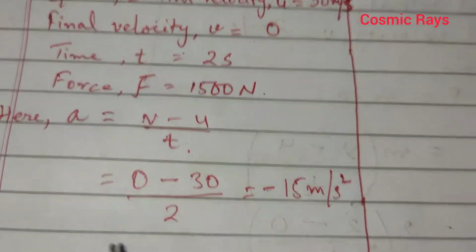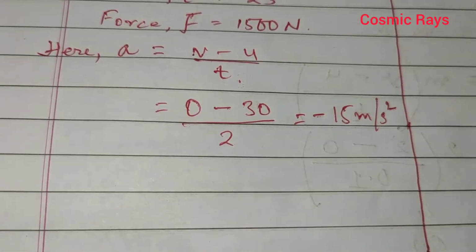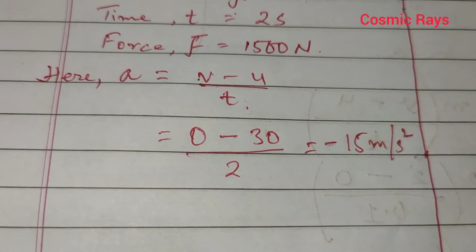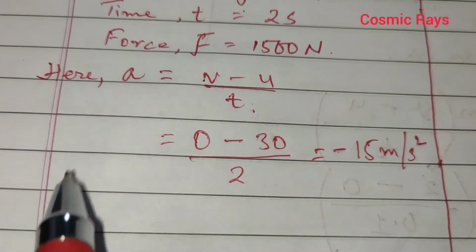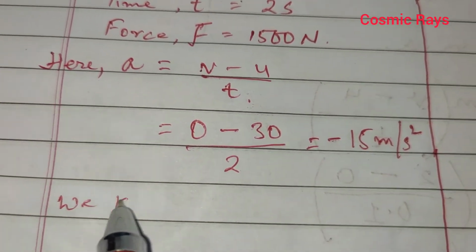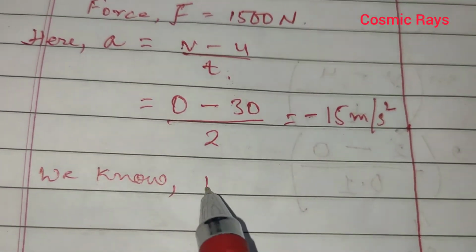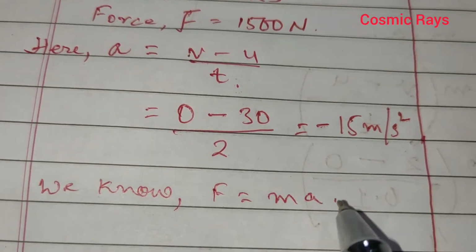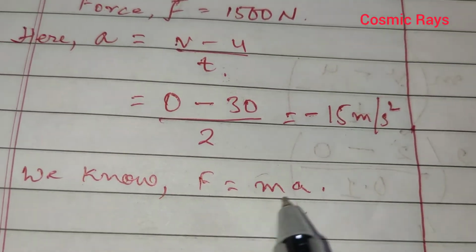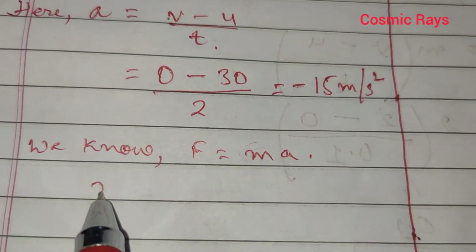So when we use it in the formula force is equal to mass into acceleration, we will neglect the minus sign. Again we know that force is given as mass into acceleration, and we have to find the mass from here. So we will rewrite this equation in terms of mass.